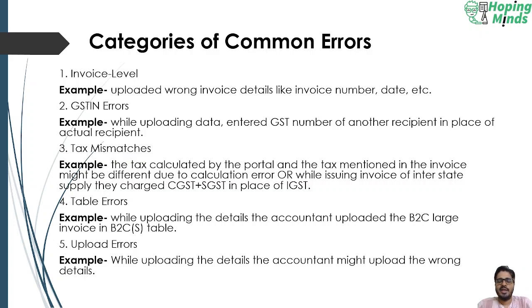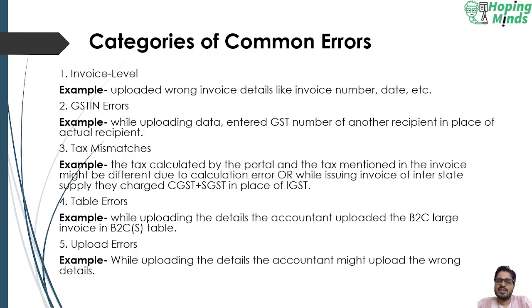So next are the table errors. There could be errors like declaring the B2B sales as B2C sales, that is, recognizing the registered sales as unregistered sales. This will ultimately affect the input tax credit to the buyer, and hence ultimately the business relation will get affected. Further, there could be errors like declaring the exports in table 4 instead of table 6, that is specifically designed for declaring the export transactions.